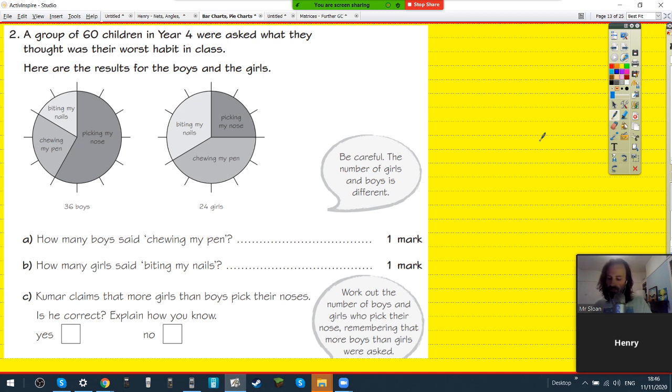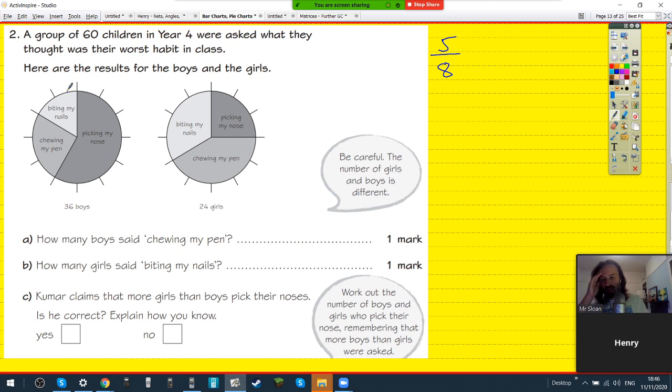Okay, how many boys is chewing my pen? Okay, so I can tell that 1/2 and 1/4. So what's 1/2 and half? So half a quarter is 1/8. And 1/8 plus 1/2 is 5/8. So then picking my nose is 5/8.